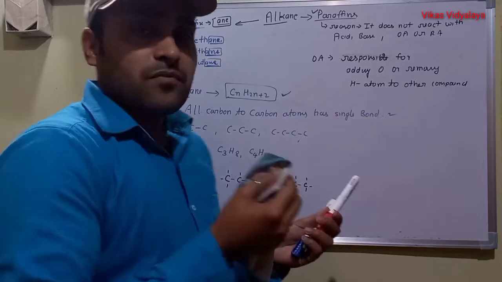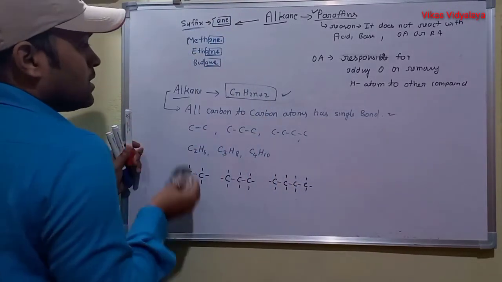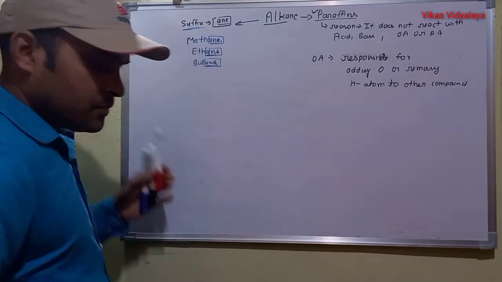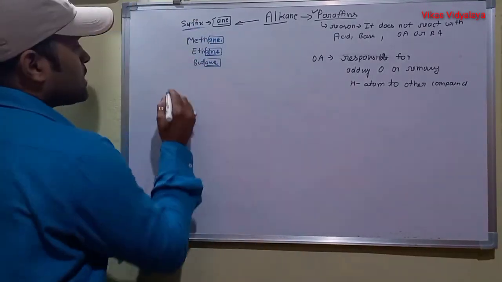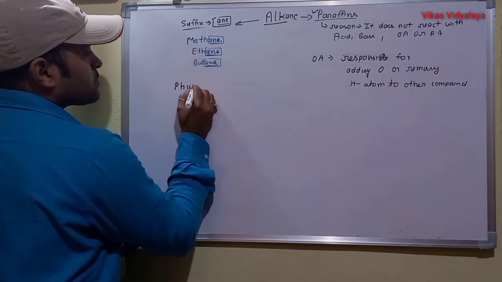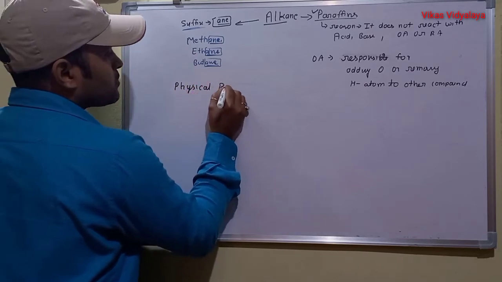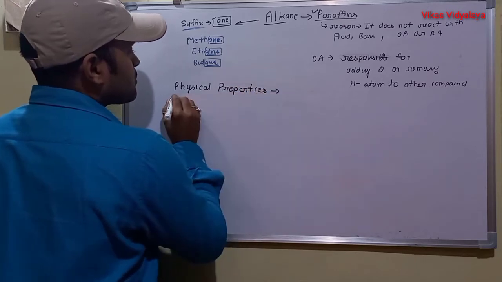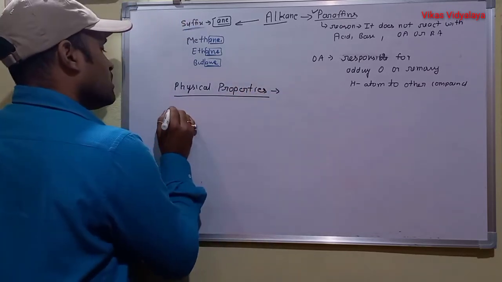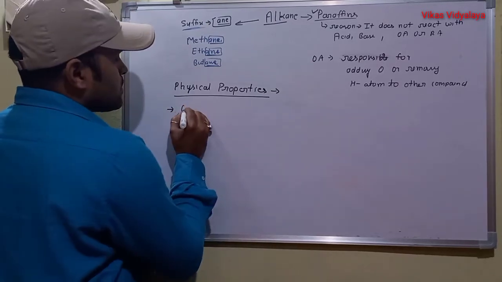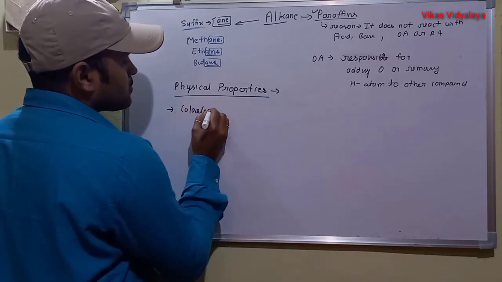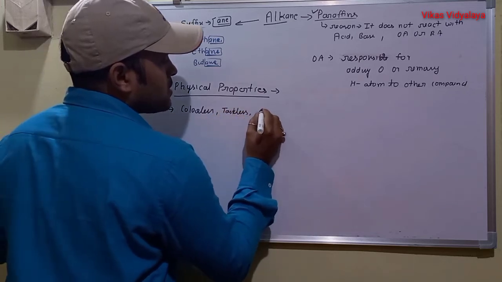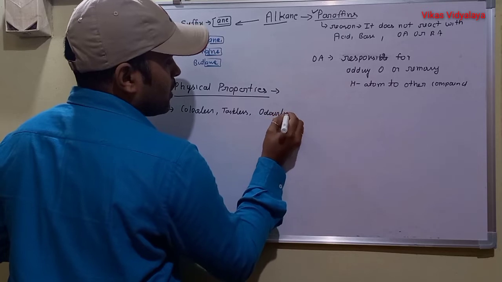Now we will discuss some physical properties of alkane. So let's focus here. Some physical properties: first is colorless, second is tasteless, third is odorless.